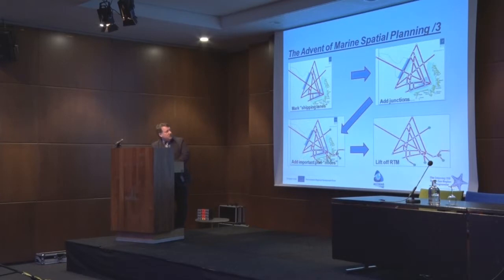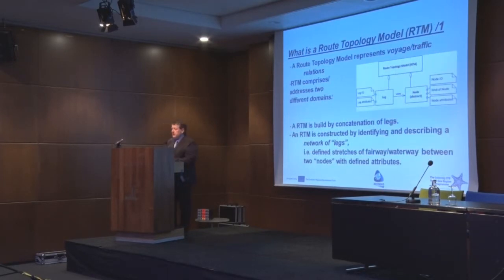Of course this continues to the Netherlands or to Denmark, northernmost tip and so forth, and then of course finally lift it off. And that's already a very rudimentary route topology model. And that is an abstraction. As you can see, there's not much left of the previous definition, but still it holds true in terms of the traffic relations. And abstract it is.